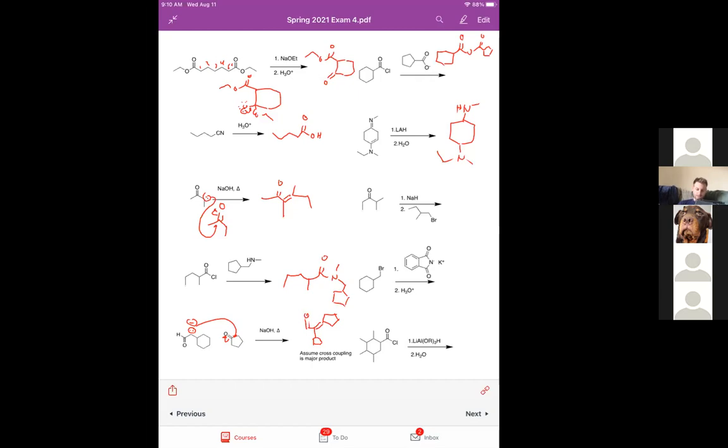We've got our alkylation. We've got a small base next, so we can pull off our more substituted proton. Means that's where we're going to add this large chain here, adding this carbon group to our more substituted position.